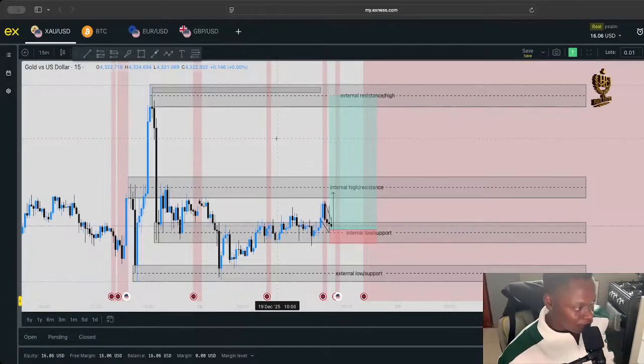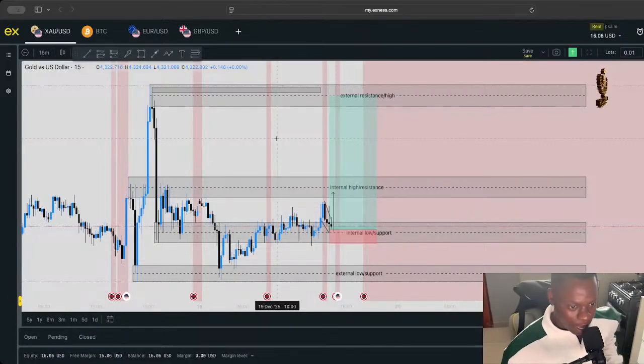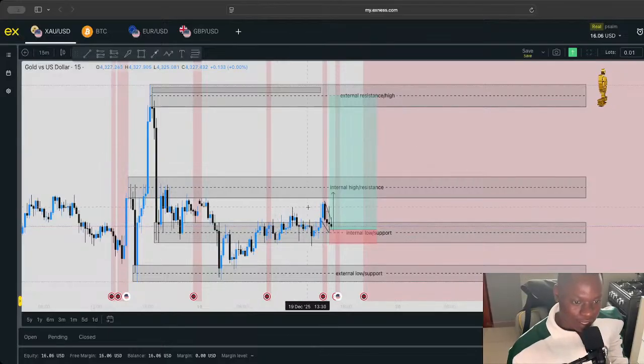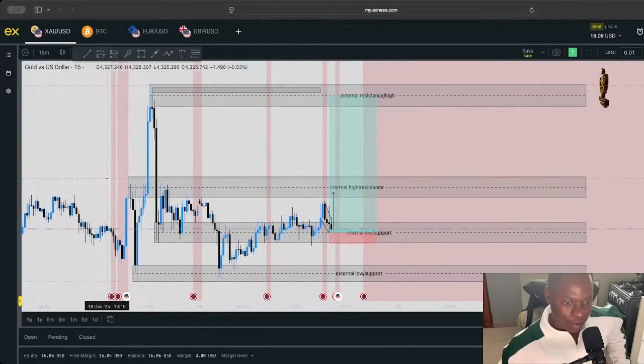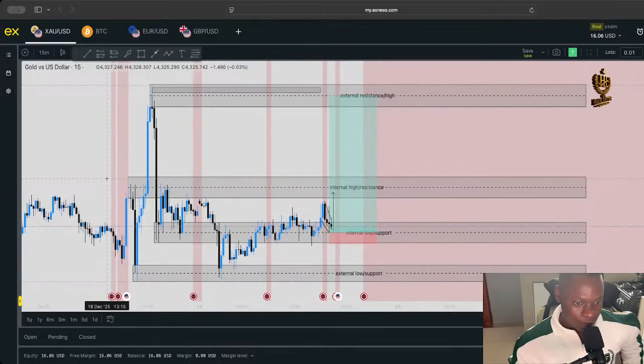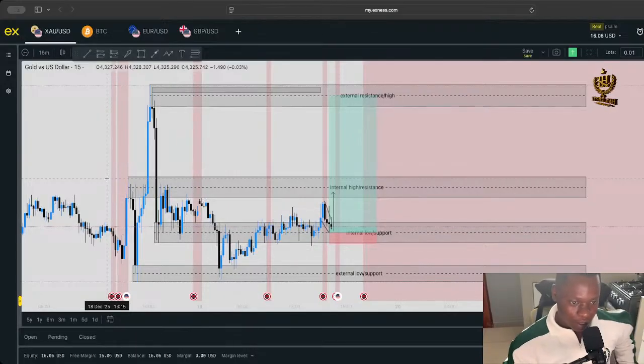You have secured a $4 profit. So yeah, let's see if maybe it wants to come back to that level again, and if it does, we'll look for an entry point. If it taps on it again, that's where we'll be taking other entries.